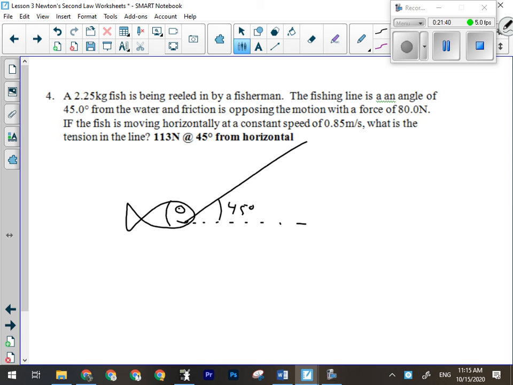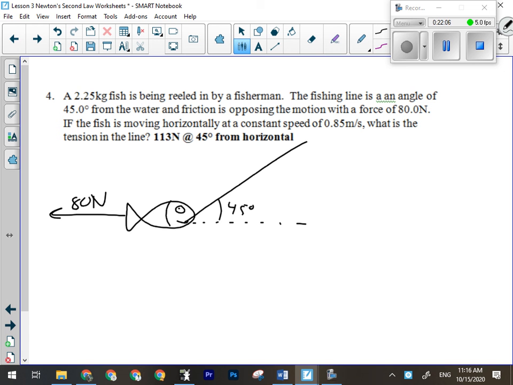Why is that important? Gravity doesn't come into play, and it tells me that friction acts straight backwards on the fish, because the fish is moving straight forwards. All right, so friction is 80 newtons. The fish is moving directly forwards.